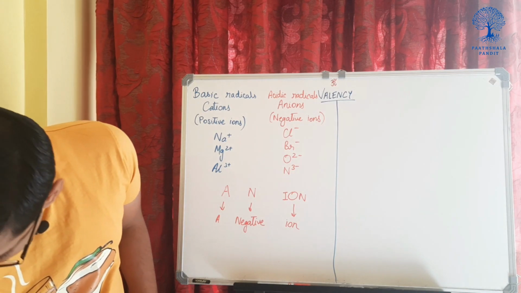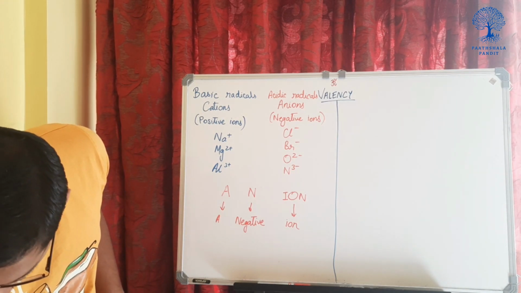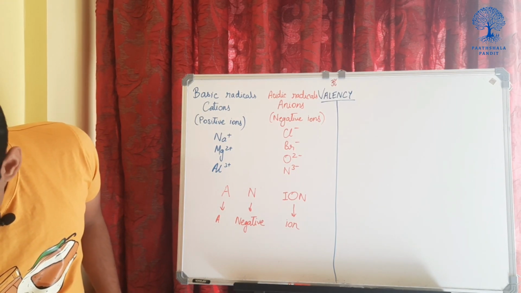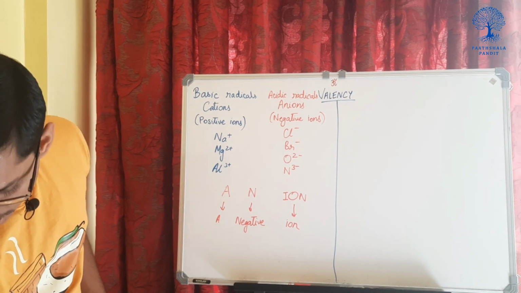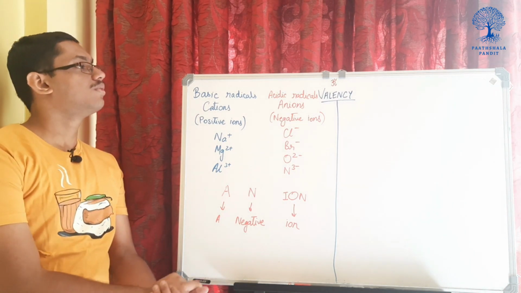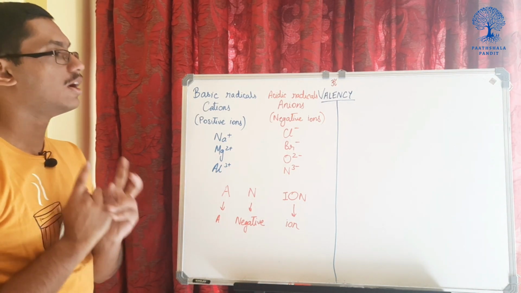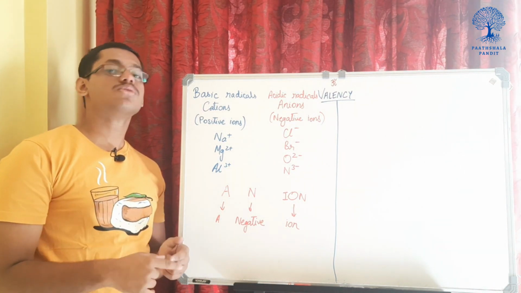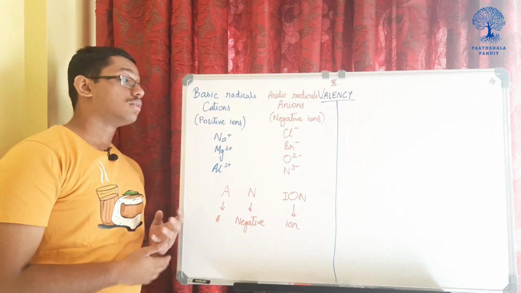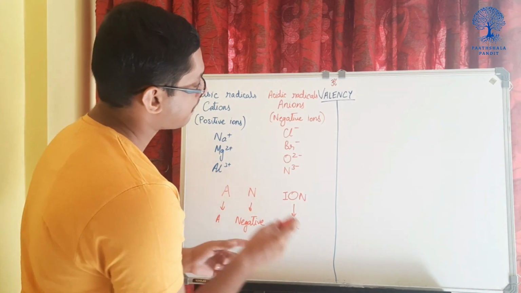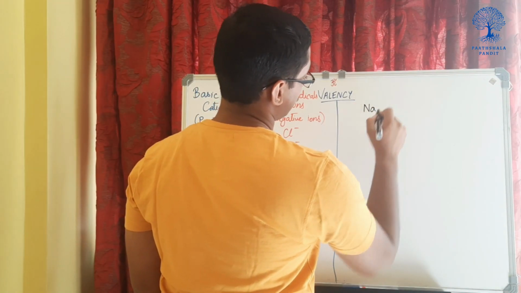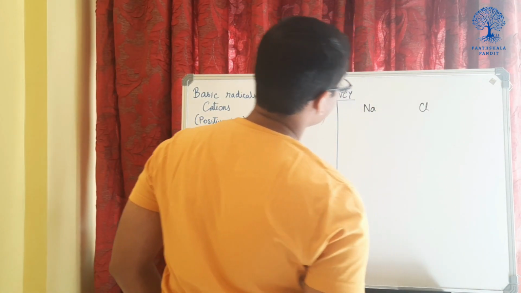Now one more thing is variable valency. Now see, before I teach you variable valency, I must teach you how to pronounce the compound name. Okay, Na and Cl.